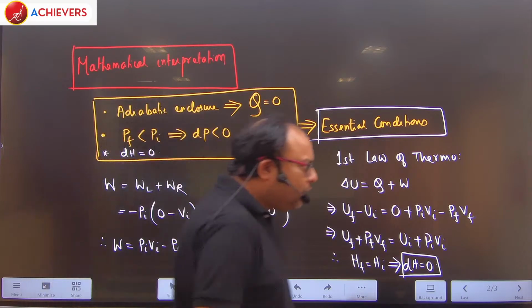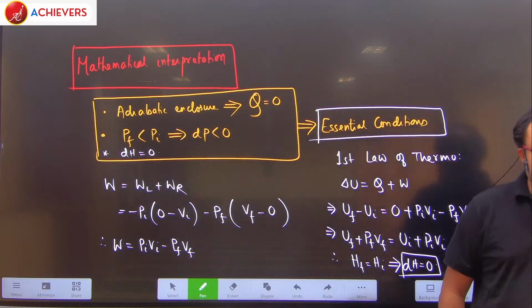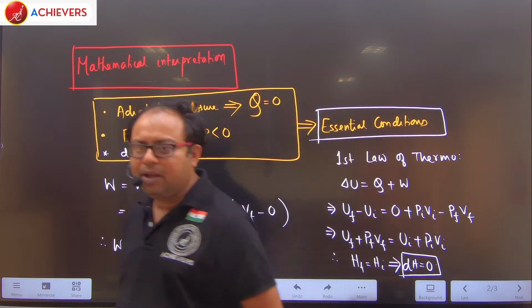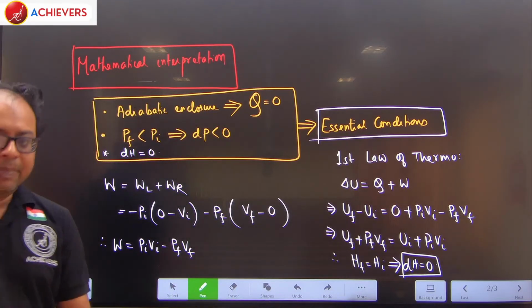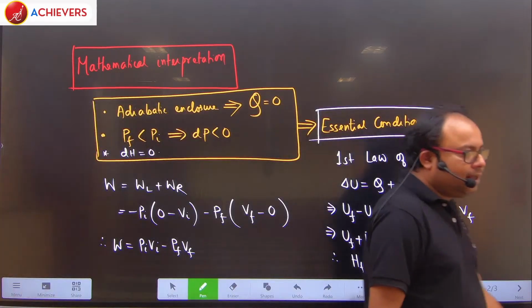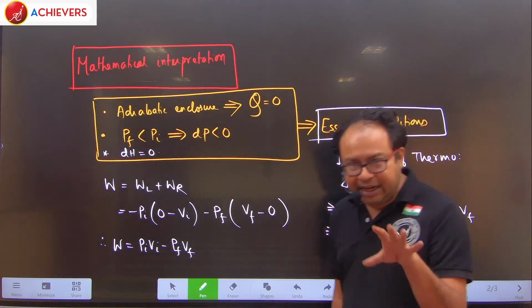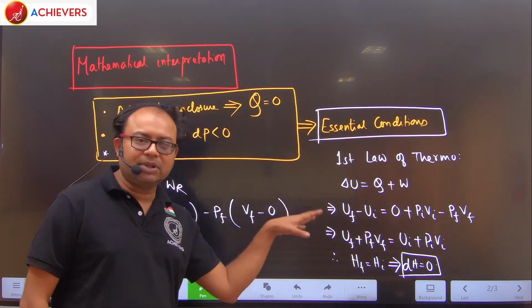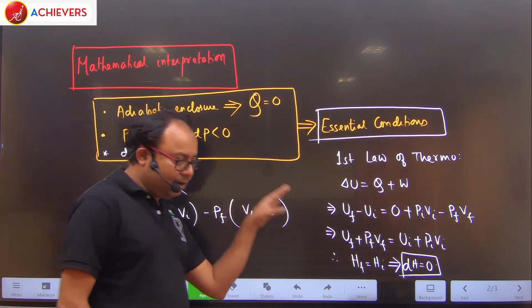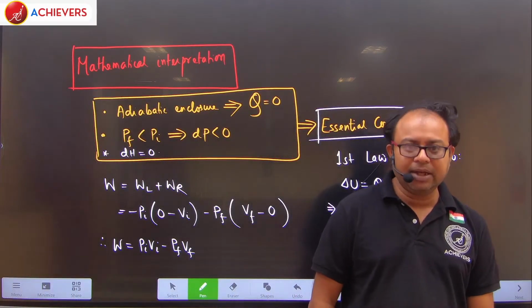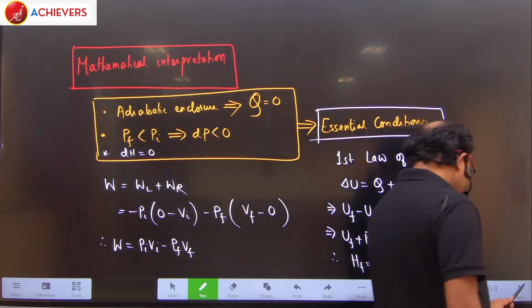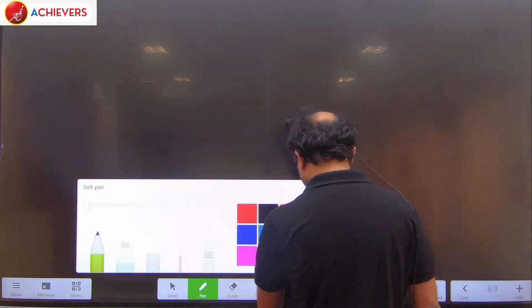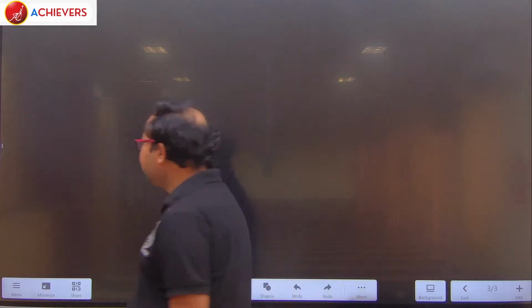Now you have to identify whether this process is reversible or irreversible in nature. Then we can make some important conclusions. At this juncture, we need to know whether this Joule-Thomson expansion is reversible or irreversible in nature. For that purpose, we need to make some important interpretations.